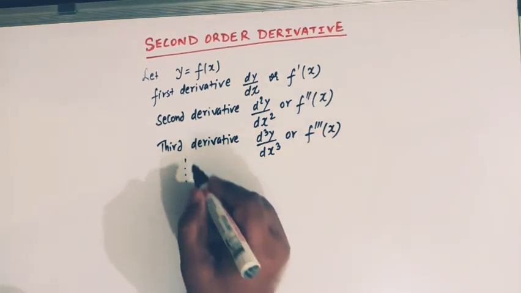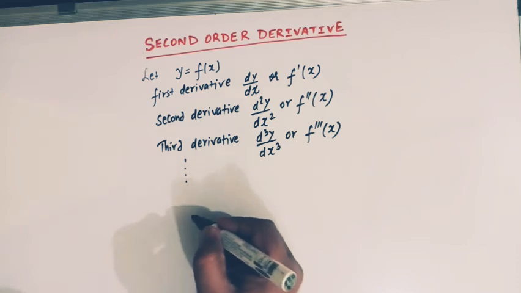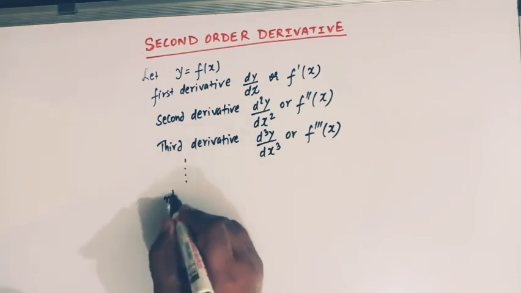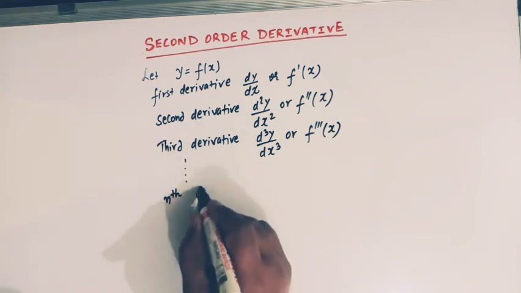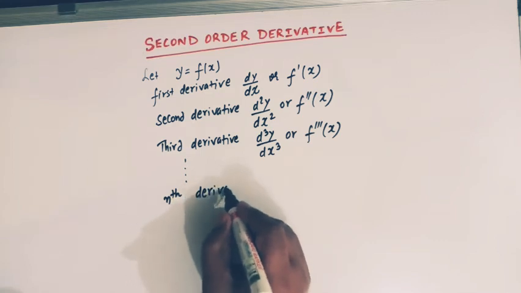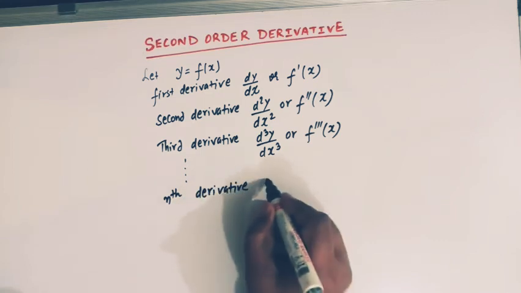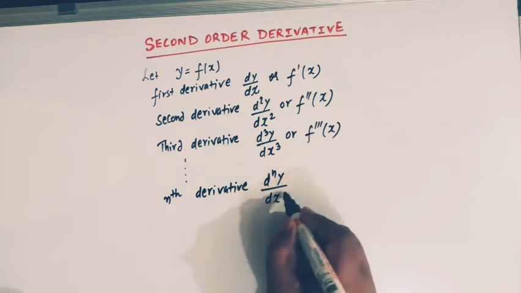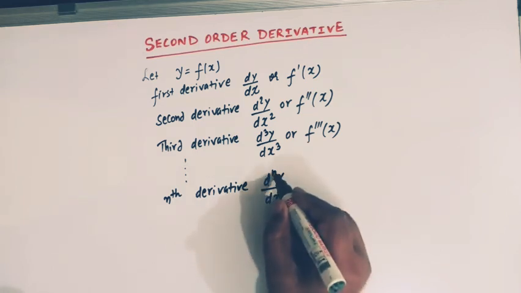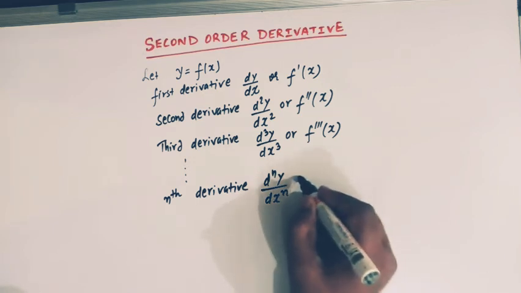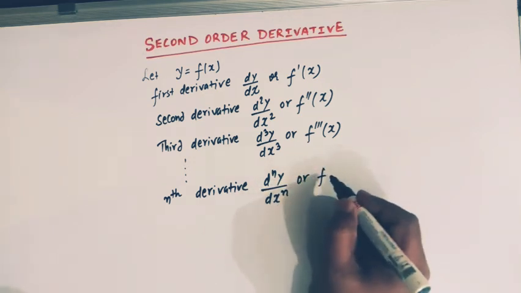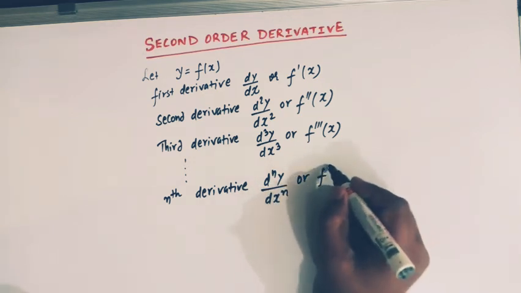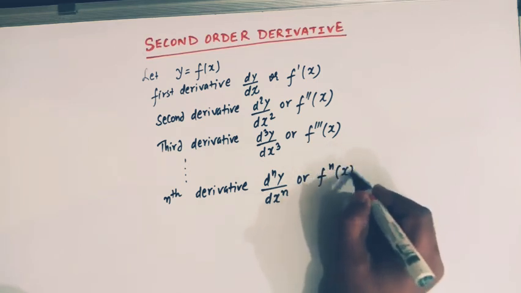Similarly, the fourth order derivative, fifth order derivative, and the nth order derivative is denoted by dⁿy/dxⁿ. So this is the nth order derivative, or it can also be denoted by fⁿ(x).